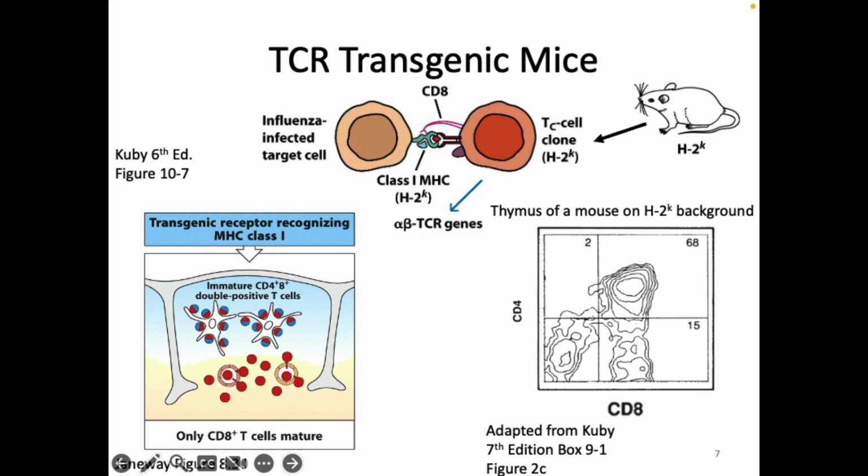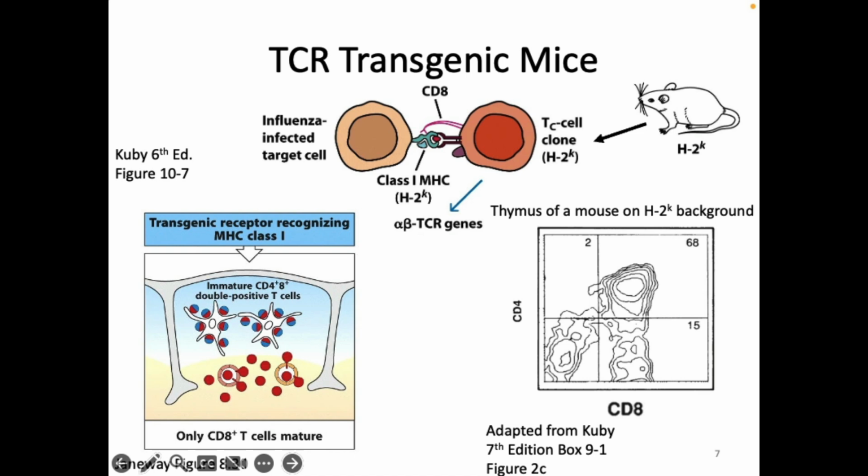Here I like to point out a couple of key things. The way that we do this is we start with a T cell that we like. I really like this T cell. That T cell came from a mouse, and so when we picked that T cell, we know what MHC molecule it recognizes.